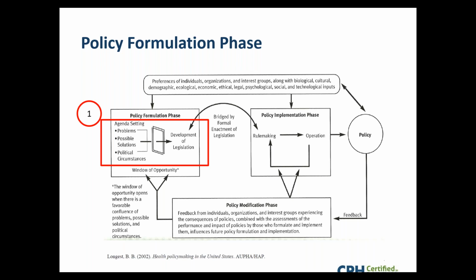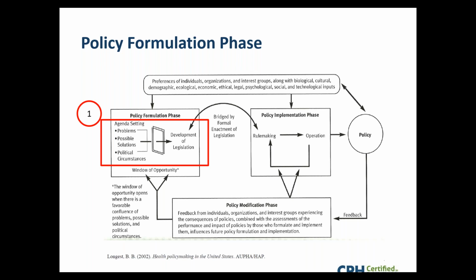Now, the problem has to be met with a possible solution that is implementable, that the constituents and the stakeholders can accept, and that the political circumstances, those who support it, the coalitions, and all the things that must line up to create legislation that will pass, must happen before it can become legislation. So we'll go to the next step.